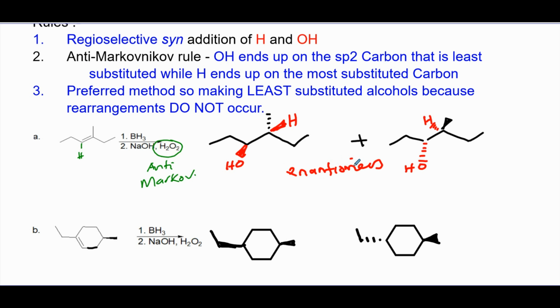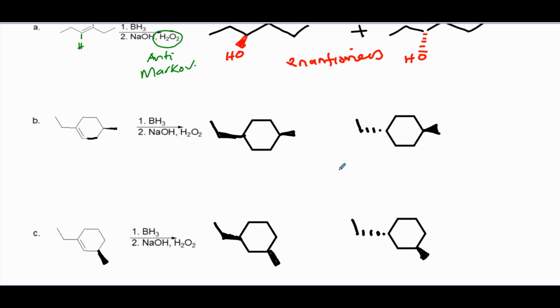Okay, again, for this next example, this carbon right there is the most substituted. This one has at least one hydrogen. This has none. This is the least substituted of the two. So the OH should end up here, the hydrogen should end up there.